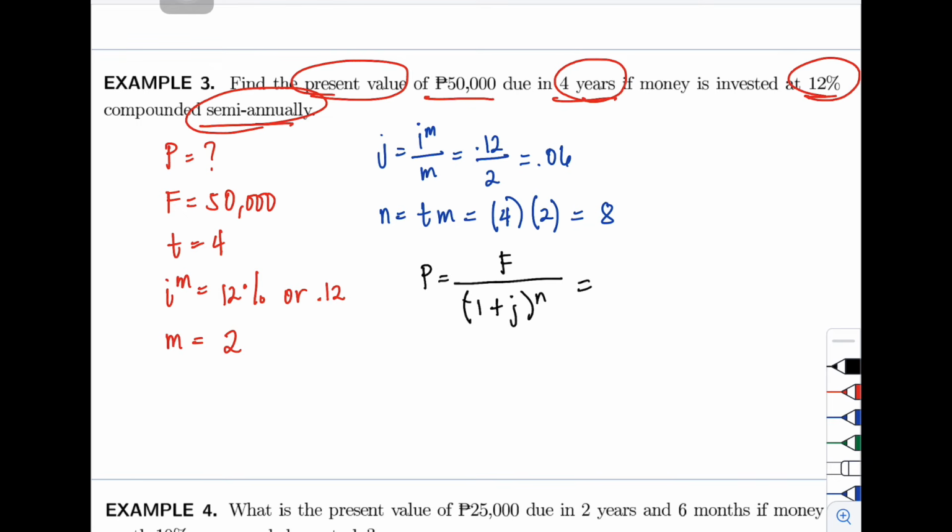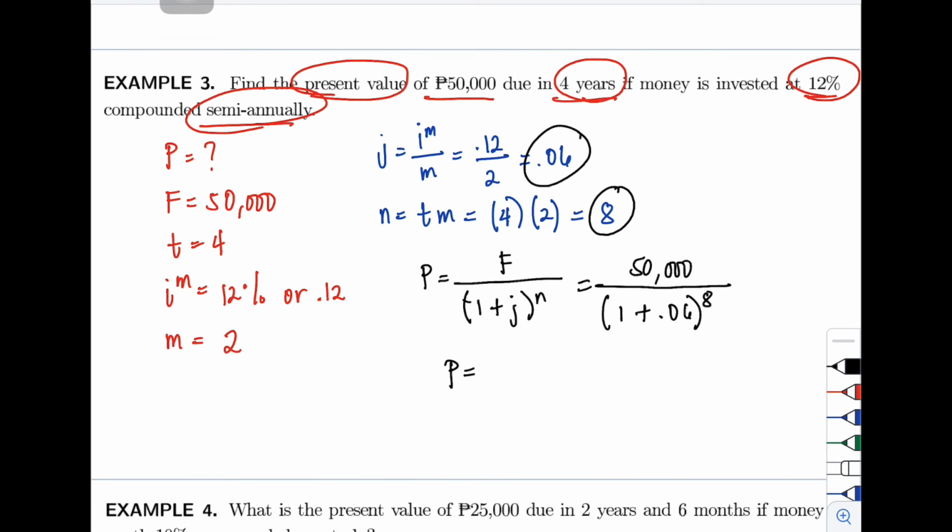Substitute natin guys yung ating mga given. Ang F natin ay 50,000 over 1, that's constant, plus J's, which is 0.06 raised to N, which is positive 8. Okay, so using your calculator guys, masosolve natin to, 50,000 divided by the quantity of 1 plus 0.06 raised to 8.